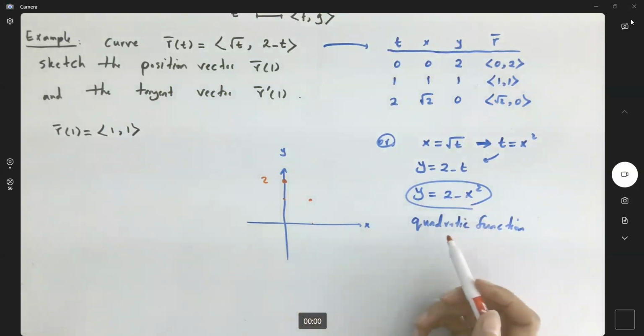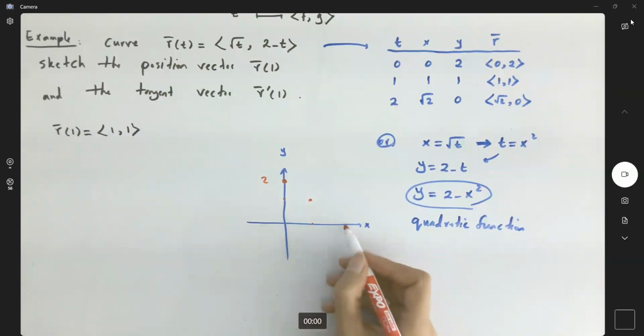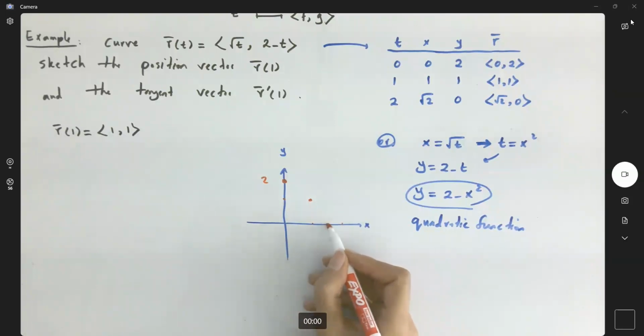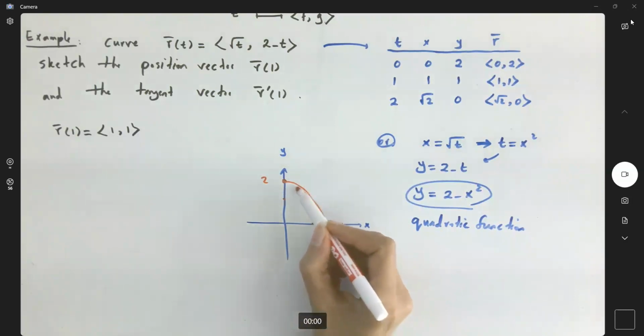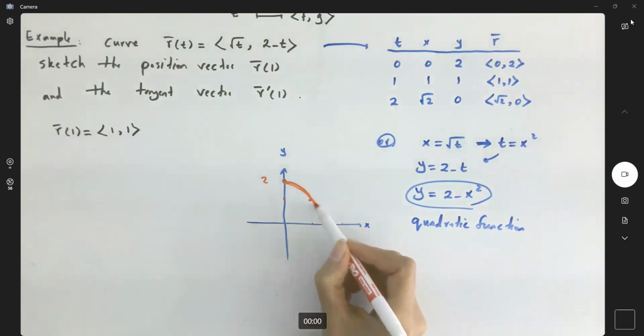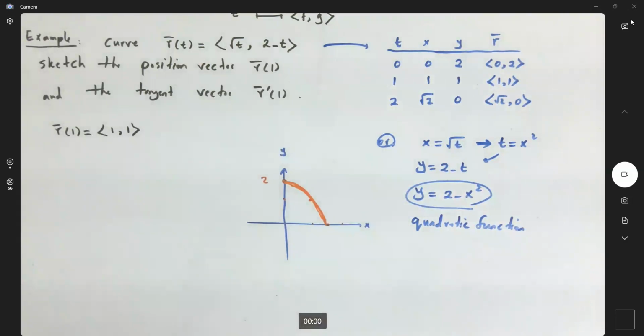So x is plus minus square root of 2. So this is, for example, 1, and this is 2. So it's going to land about here. This is some part of this graph, this quadratic function, or this curve.